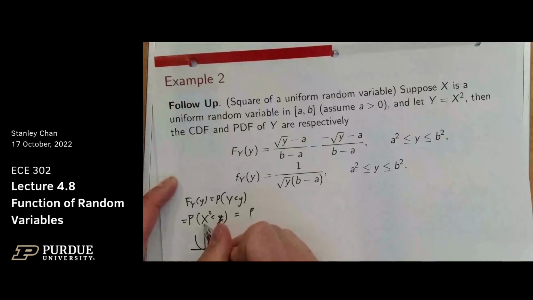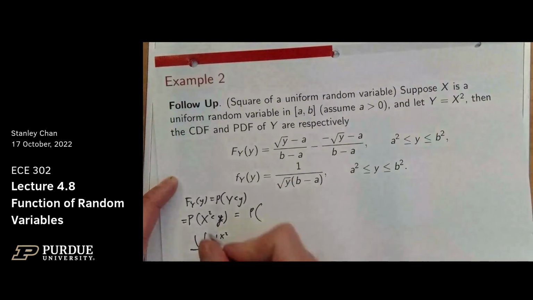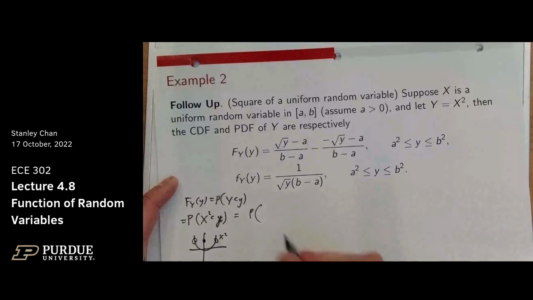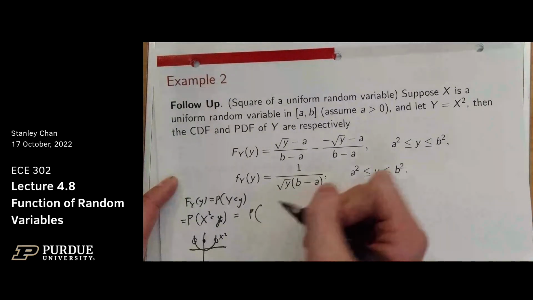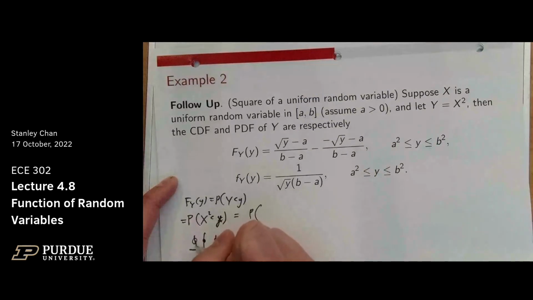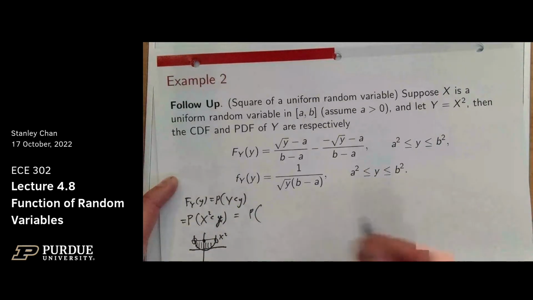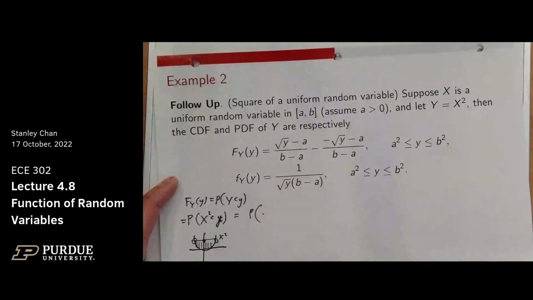Okay, so this is x squared. So now you know that if you have a particular y value, you could have had this one or this one. Okay. So now you need to have the probability that if it's less than y, it's going to be below that interval. So you've got, let's think about this. Do it correctly the first time.